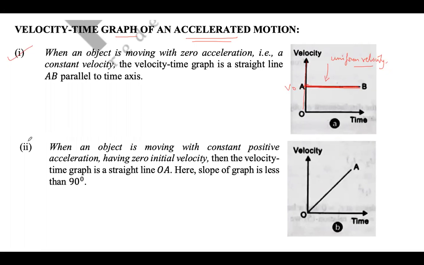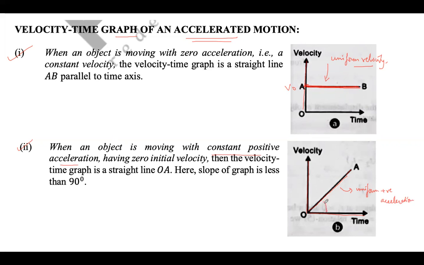Okay. Second one, when an object is moving with constant positive acceleration, the VT graph will be a straight line. So this is the graph for an object moving with uniform positive acceleration, right?